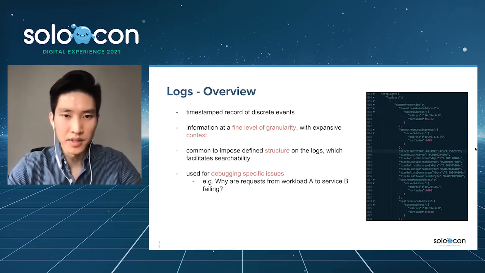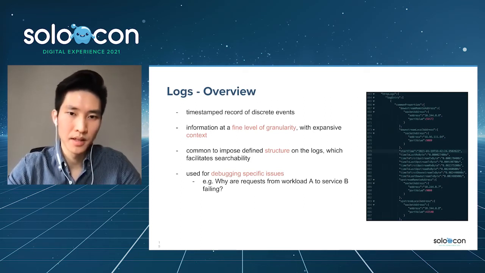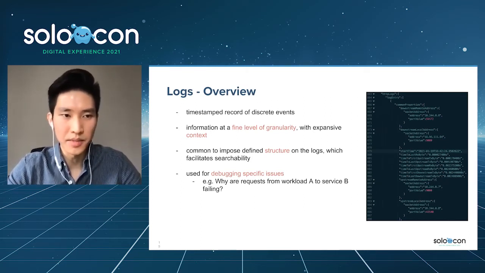Logs provide us with detailed information with an expansive context, and in virtue of this, they are often used in service of debugging specific problems. When paired with a logging management system, it's common to impose a well-defined structure on the logs, which enables searchability. This is also known as structured logging.